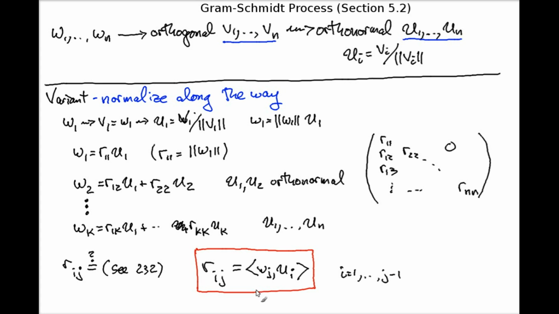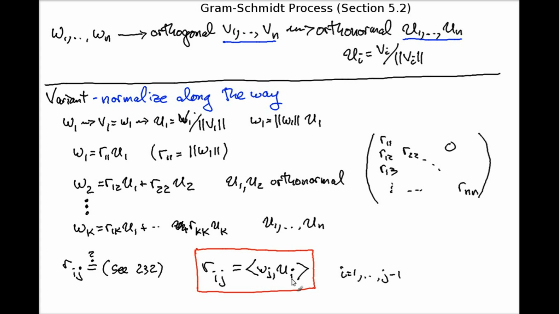And let's see, is this a reasonable formula? So to compute rij, I need to know wj, that's fine. And then I need to know all of the preceding ui's, and that's what I've computed. And so you can compute the next rij by this formula.